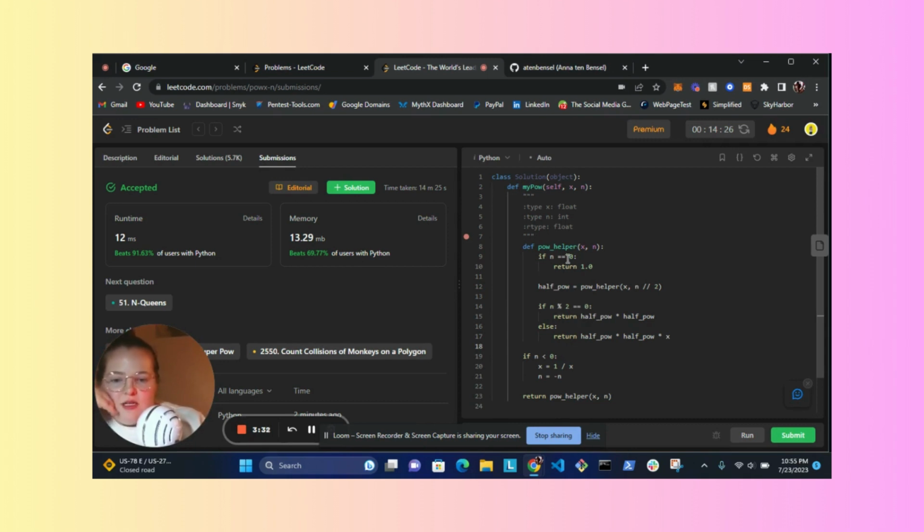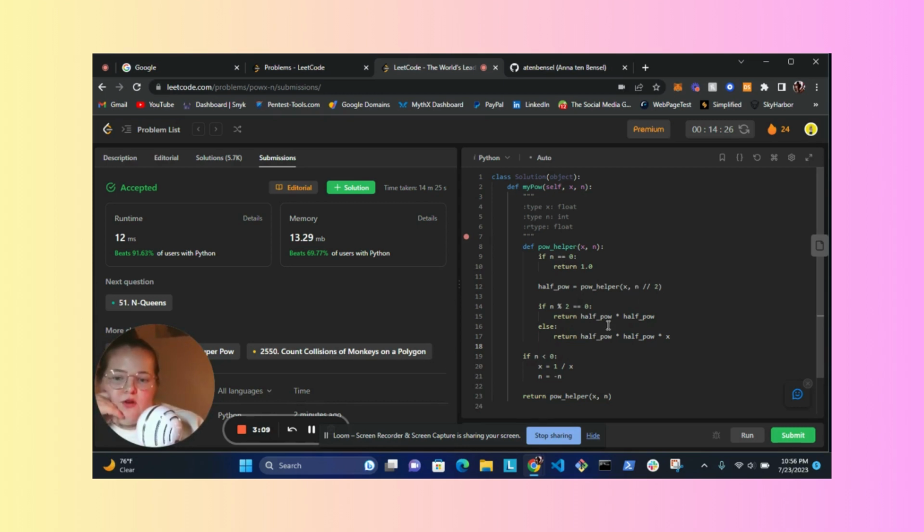That's here. And since any number raised to the power of 0 is 1, so for other cases, it first calculates the power of x raised to n // 2 using recursion and storing it in the variable half pow.